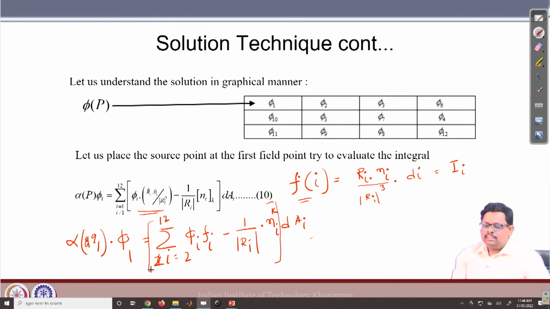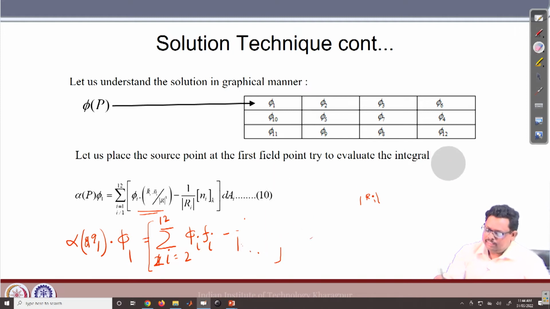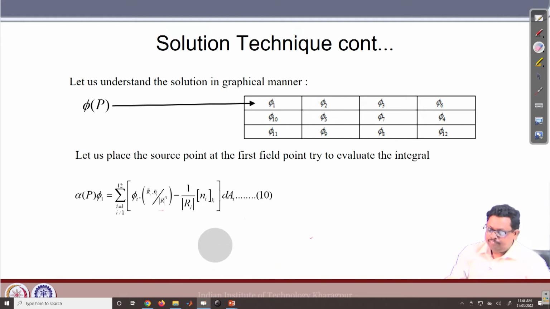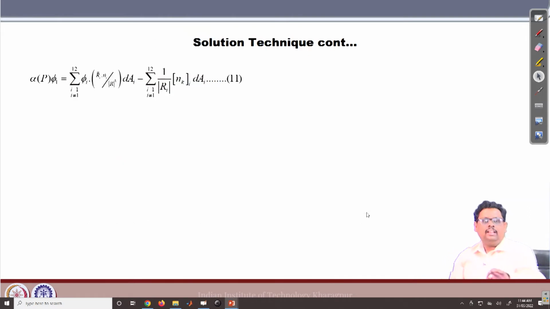So, now I am just writing the whole thing in the summation form, right. I write everything in the summation form. Now, if I break this summation, writing A1, A2, A3 etc., then what do I get? So, this is written in the summation form, right.